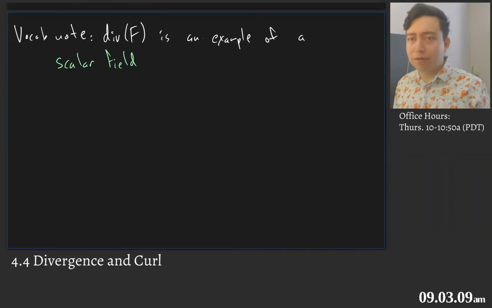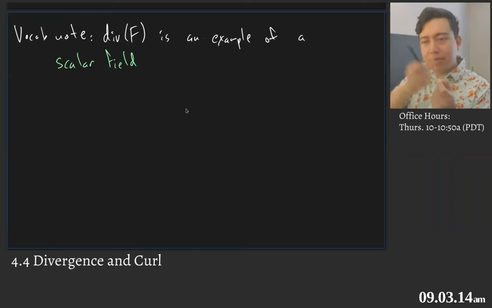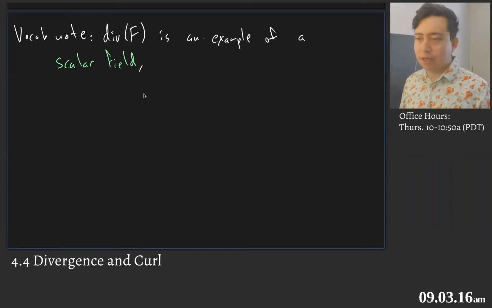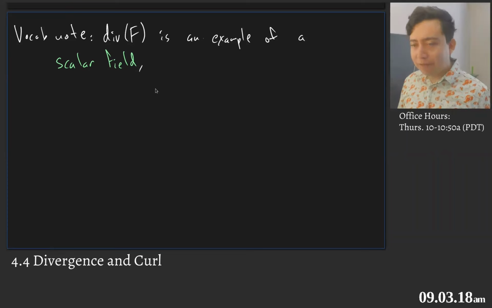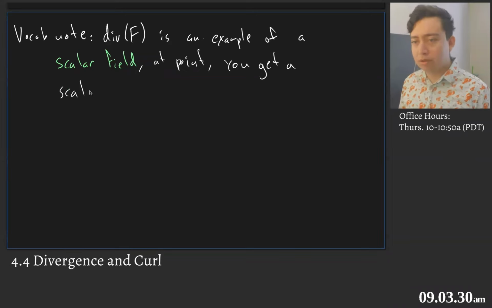So we talked about a vector field, which is at every point you get a vector at that point. But the scalar field is at every point you get a scalar, which is just a number.